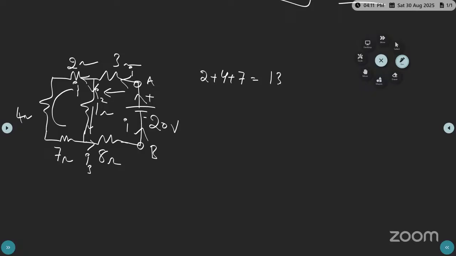Now convert these three resistors into a single resistor. Redraw the circuit. Don't disturb other elements, only disturb the 2, 4, 7. Convert them into a single resistor.